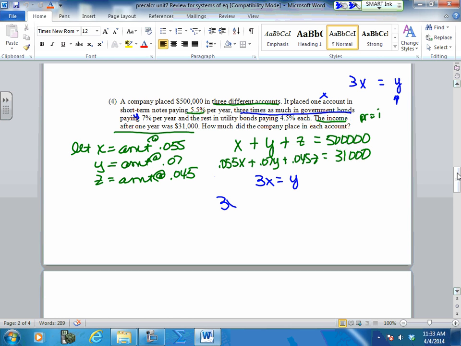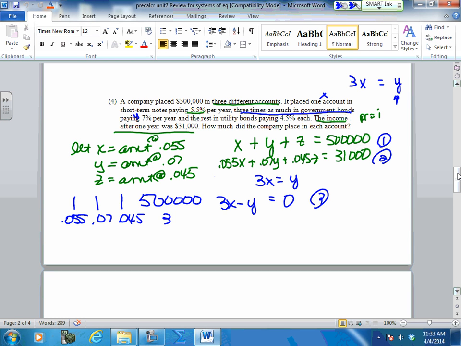So now we have our 3 equations, and we build our matrix. 1, 1, 1, 500,000, watch the zeros, 0.055, 0.07, 0.045, 3,100, 31,000, sorry, and 3, -1, we have a 0 placeholder.